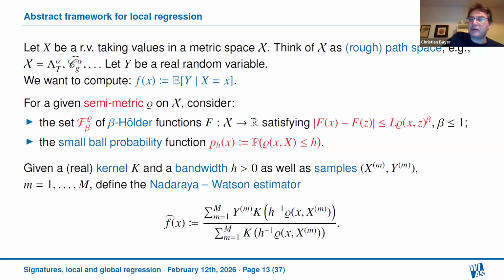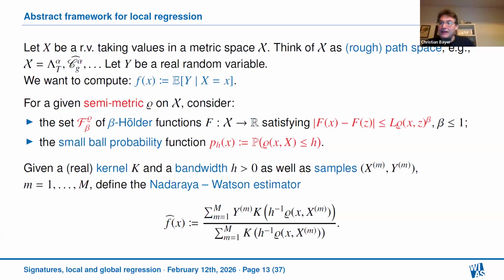And we are going to measure this kind of regularity in terms of Hölder regularity. So basically, our function f, and here I write capital F to indicate that we are now in a larger class, we say that it's beta Hölder if the standard definition of beta Hölder is satisfied with respect to this semi-metric on our path space in essence.